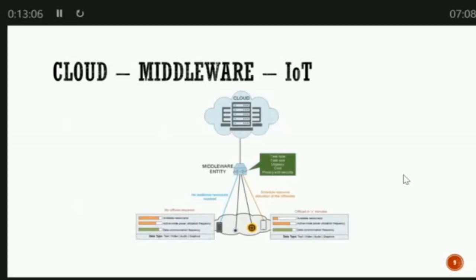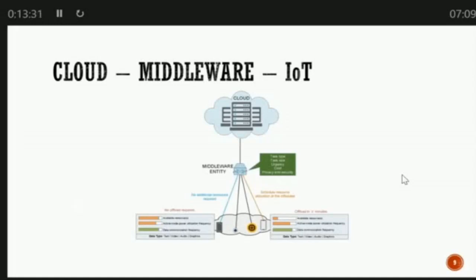And those entities would be on and off, becoming part of IoT and exiting an IoT. So this means that we need a localized entity, an entity that is close to the IoT so that the entity can connect those IoT devices or those sensors or those objects and then make them accessible to the cloud. So this is why we need a middleware entity to combine both cloud and IoT, to integrate both cloud and IoT.